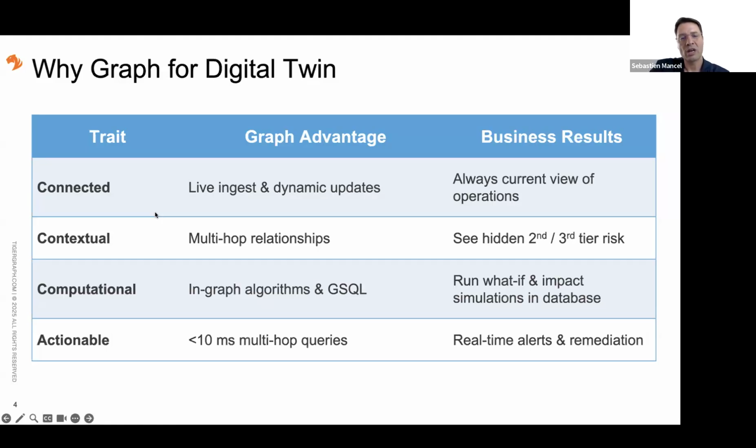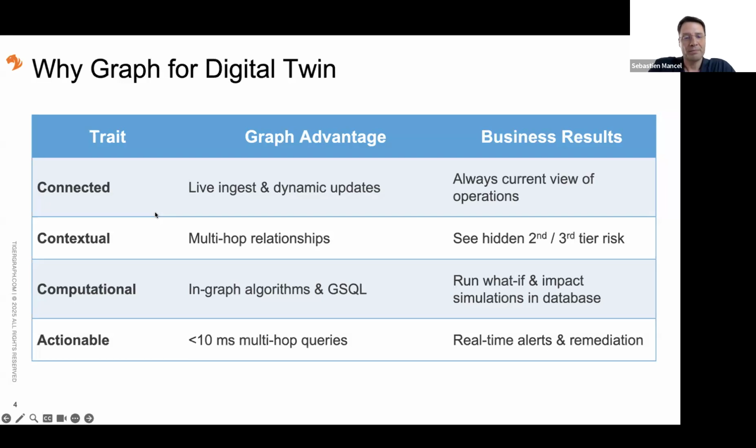They naturally model complex multi-hop relationships, revealing hidden second and third tier dependencies that traditional systems often miss. And they're computational. TigerGraph in particular is really strong and enables in-graph analytics, allowing you to run advanced algorithms, simulations, and what-if scenarios directly on live connected data.